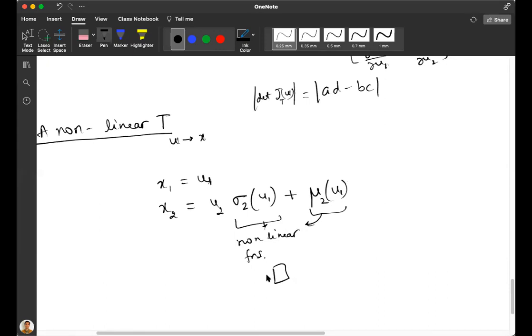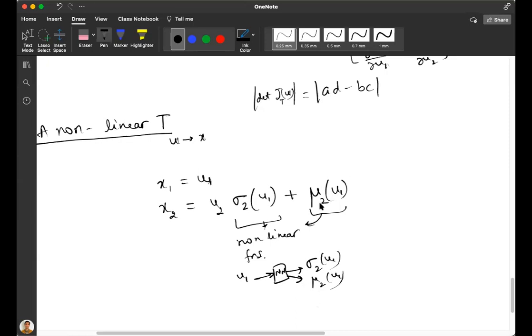Which just takes U1 as input and gives sigma 2 of U1 as output. This could be a neural network. Similarly, this one here takes U1 as input and gives mu 2 of U1 as output.